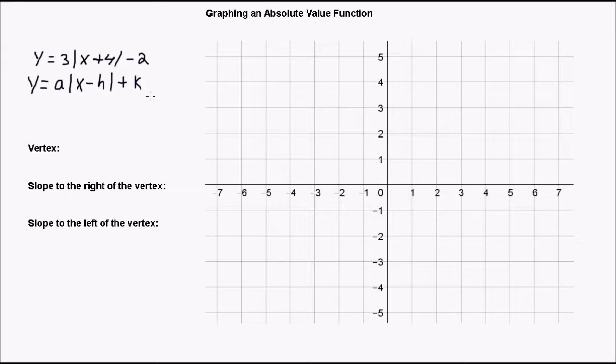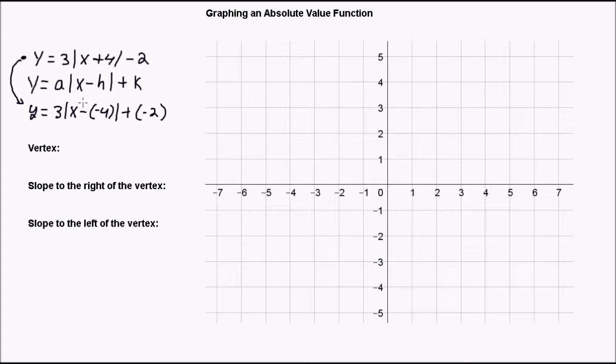So rewriting this equation, we want a minus sign here. What are we subtracting, and then what are we adding out here? This is a little trivial, but you can rewrite this equation as y equals 3 times the absolute value of x minus negative 4, plus negative 2, right?